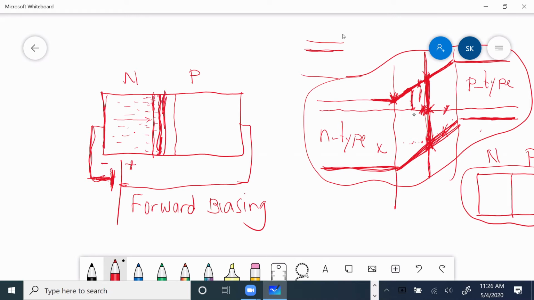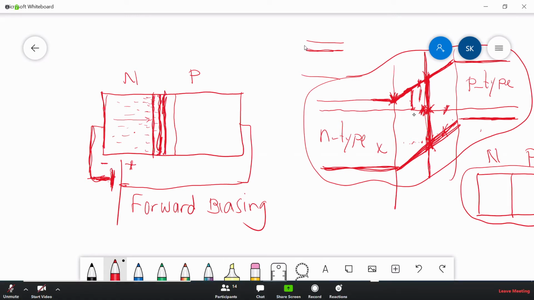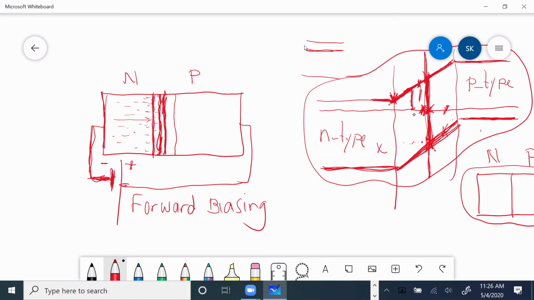This line is the junction. The depletion region was originally there. Now by connecting the battery, it was less wide. Exactly the same again with holes. The positive pole has the same charge as the holes, so they are repelled and the depletion region becomes narrower.